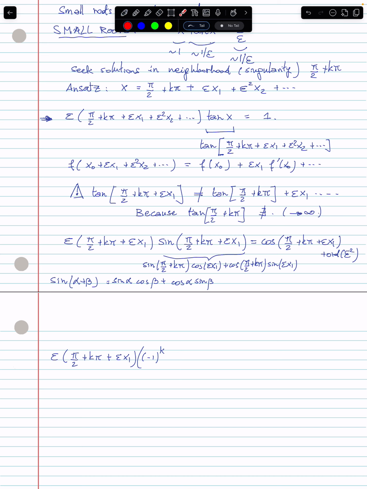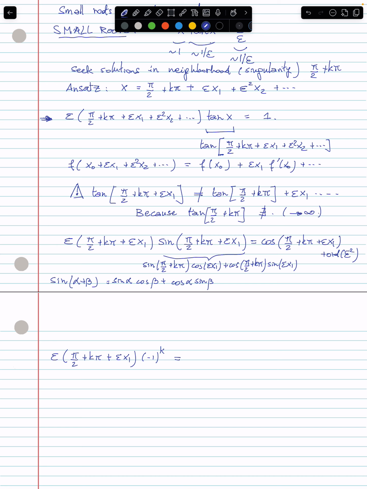This is 1 minus something of order epsilon squared, so I'm just going to drop it. So this is 1. And then we have plus the cosine of pi over 2 plus k pi. This is 0, so this actually vanishes, times the sine. All right, so this is what we have on the left-hand side.